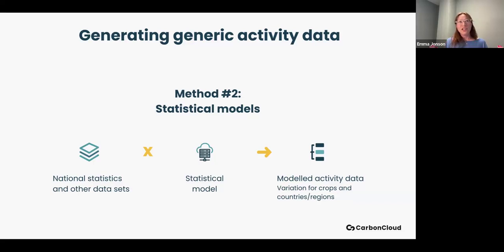So basically, you want to make sure that it all fits together so that the sum of the parts equals the total.